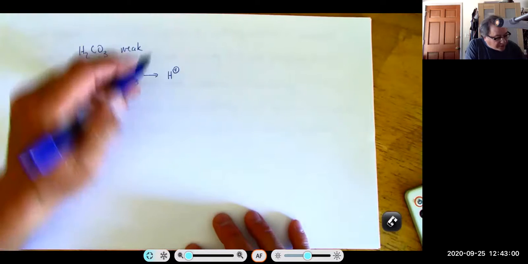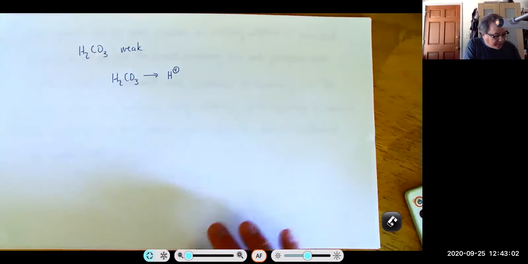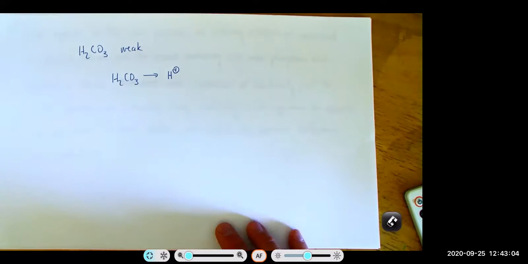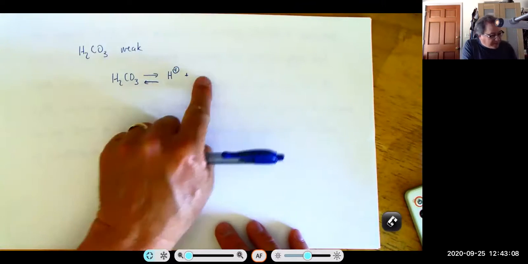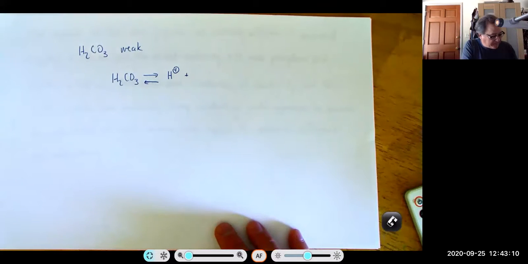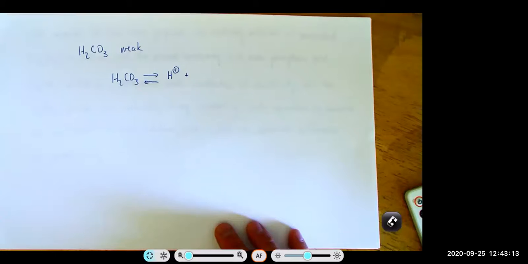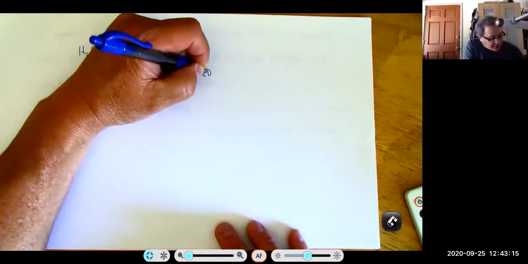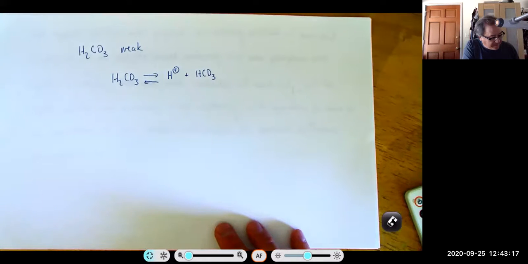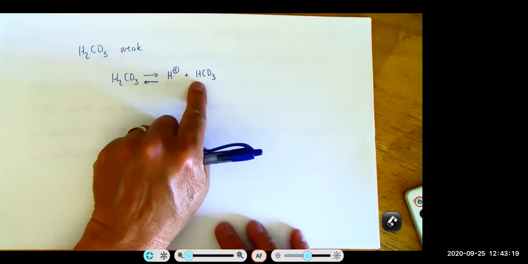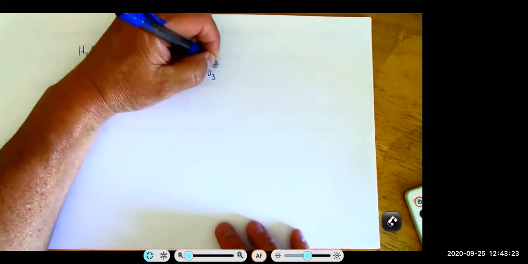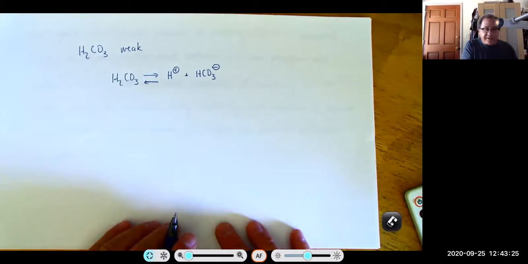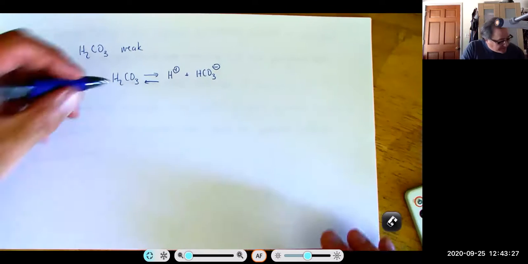What kind of arrow should I draw here because it's weak? Go in the opposite direction, right. Now, if I write this, what's going to be left over? HCO3, and what's the charge on it? Negative, because we've only used 1 hydrogen, right? That's right. So this is a weak acid.